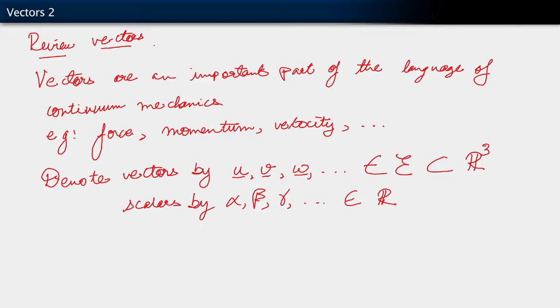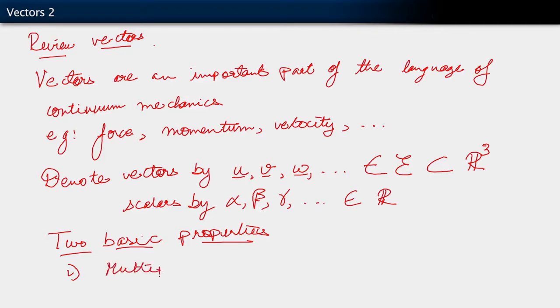Okay, let's move on. We're going to look at two basic properties of vectors. The first property is what we will call multiplication by a scalar, right? So how do we do this?